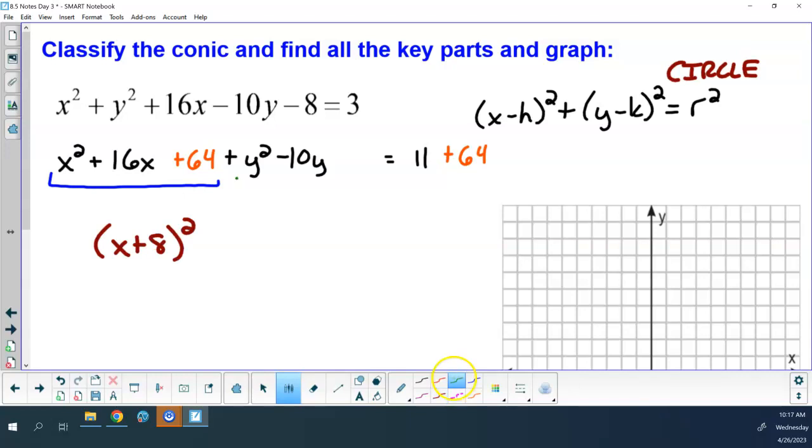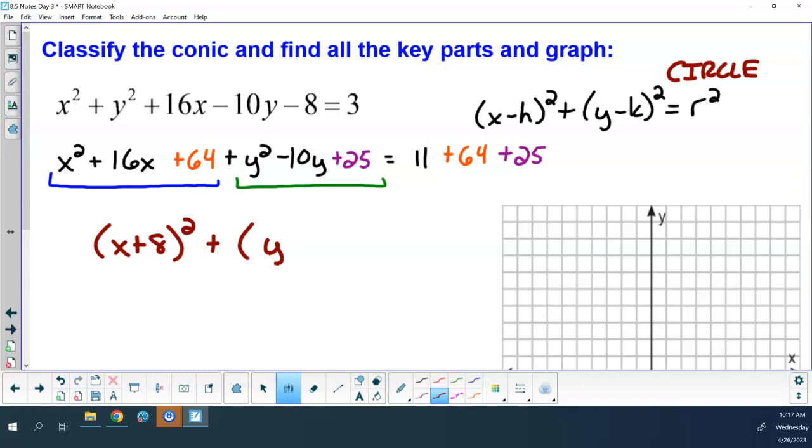Okay. Then we go to this one. Divide by 2 and square. 25. Which means I got to put a 25 over there. What is this one? What is the factor to be?